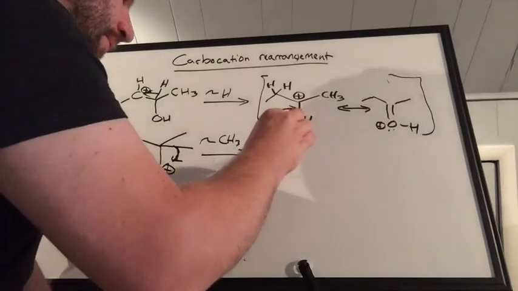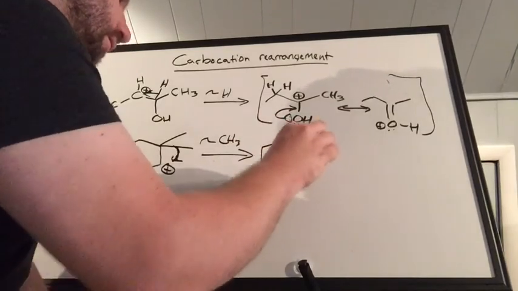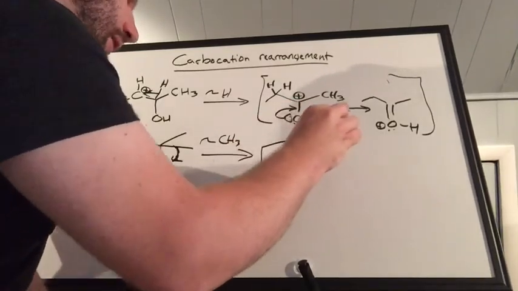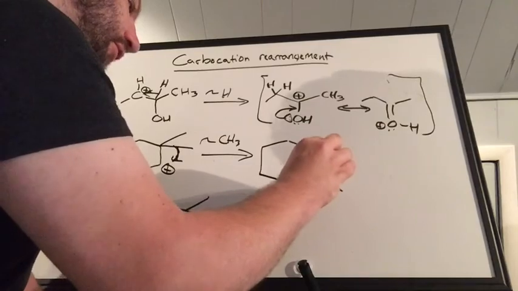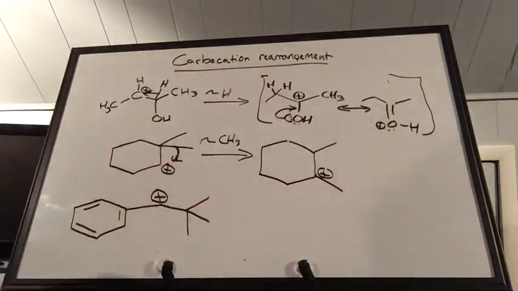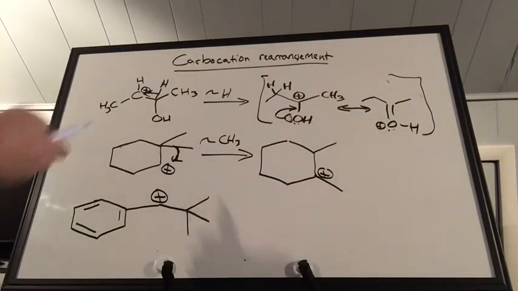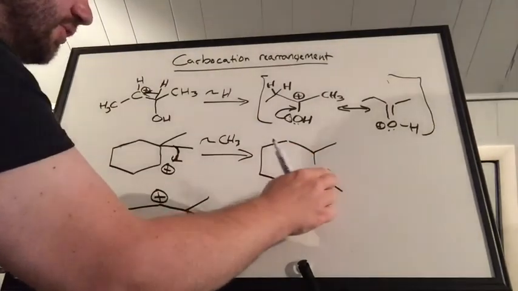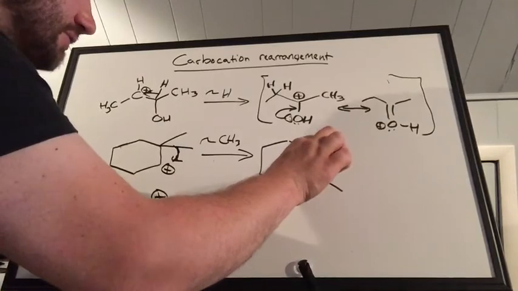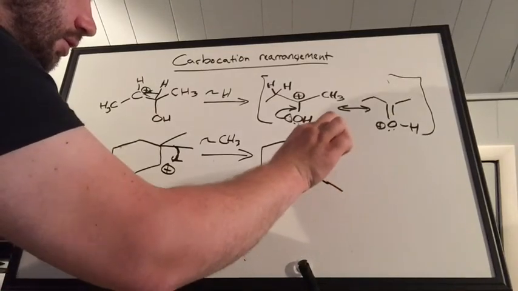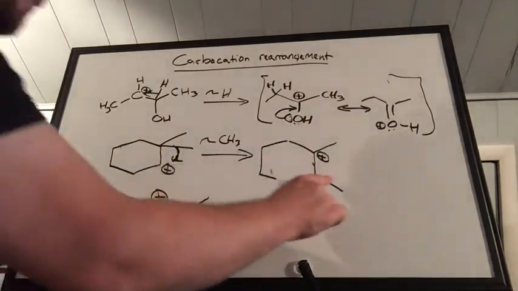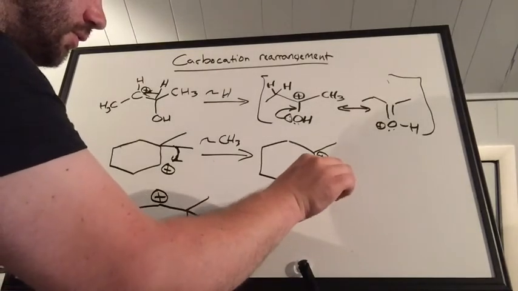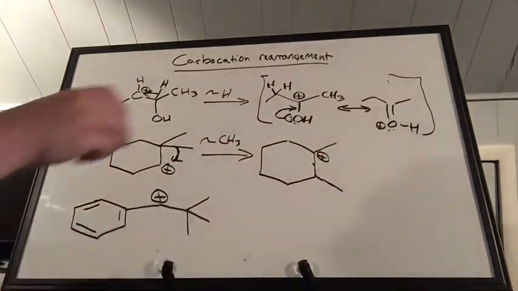Okay, so now we have methyls in a 1-2 relationship about that cyclohexane ring. We have that positive charge. Sorry, the positive charge has moved up. Not like it matters. It's still disubstituted.